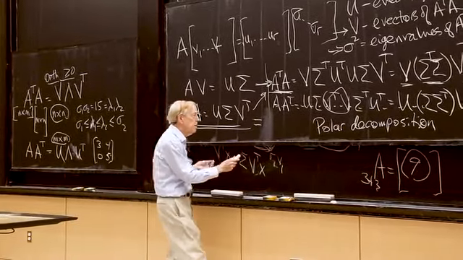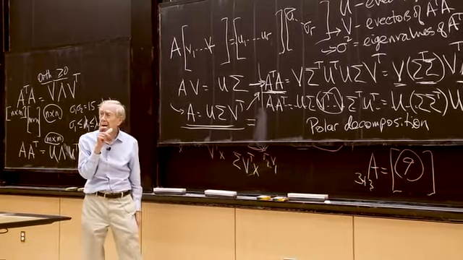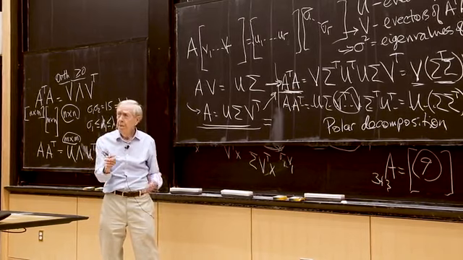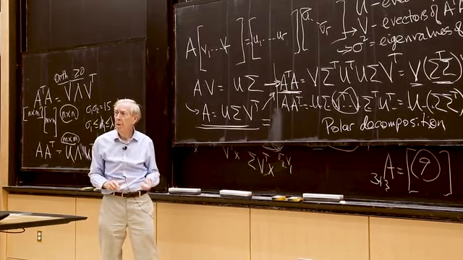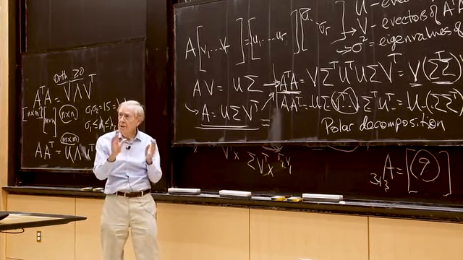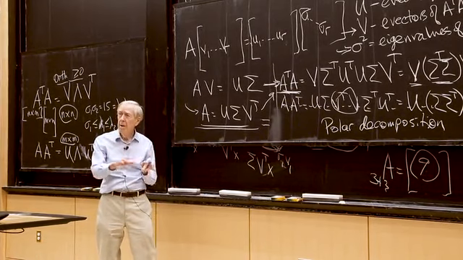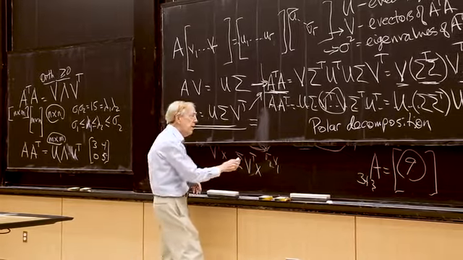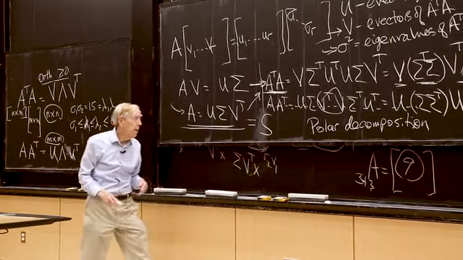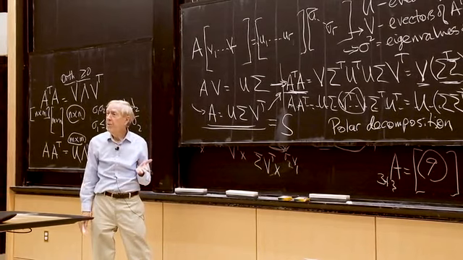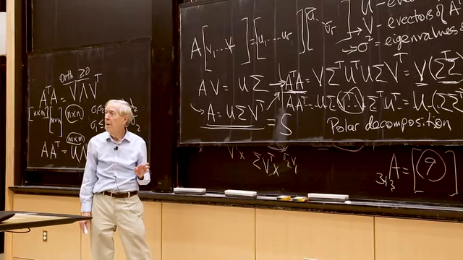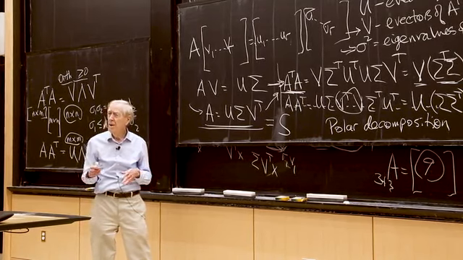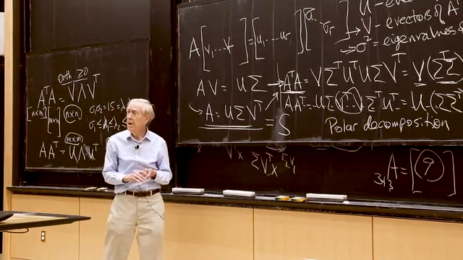So what's polar, for a complex number, what's the polar form of a complex number? e to the i theta times r, yeah. A real guy, so the real guy r will translate into a symmetric guy, and the e to the i theta will translate into, so what kind of a matrix reminds you of e to the i theta?